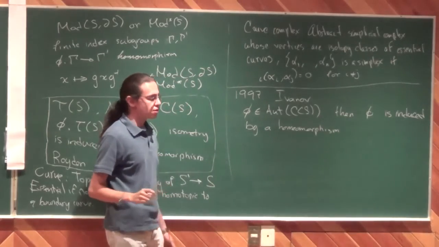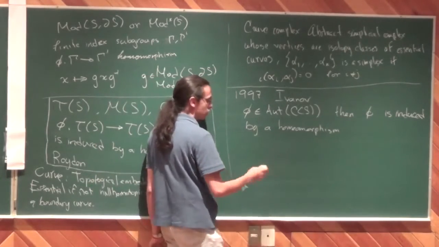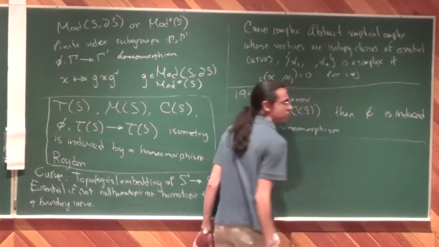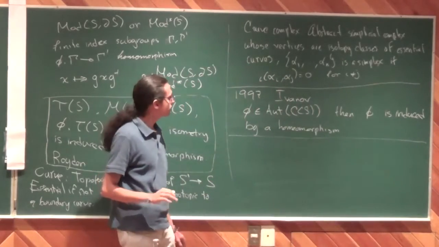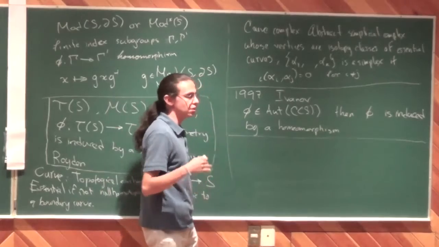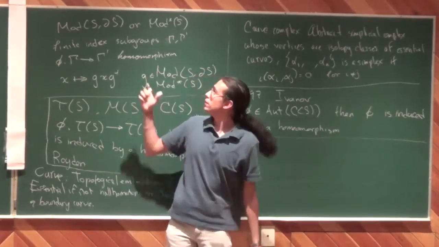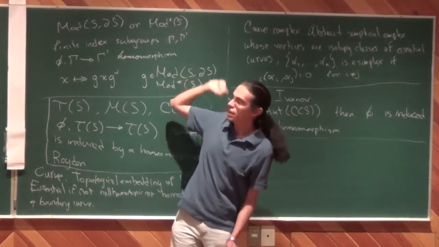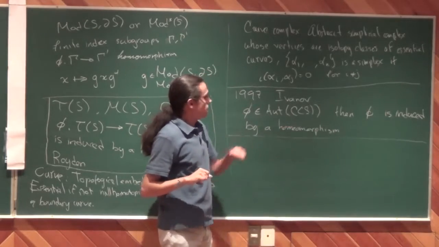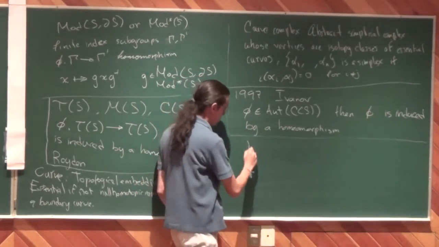This was pretty much because if you have a surface, in general it can be of any type, you have a natural action of the mapping class group, the extended mapping class group, on the curve complex.